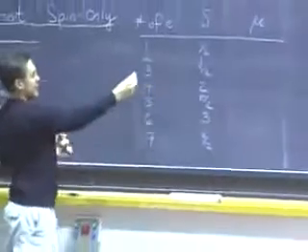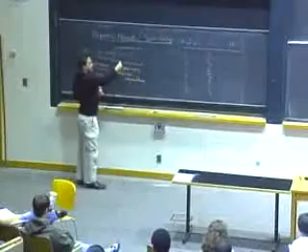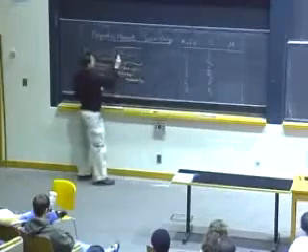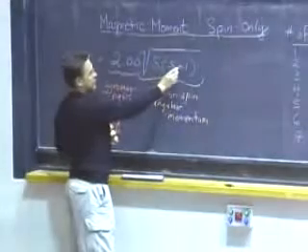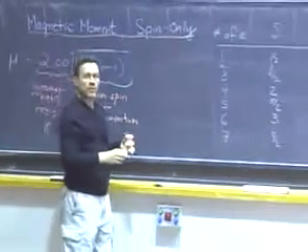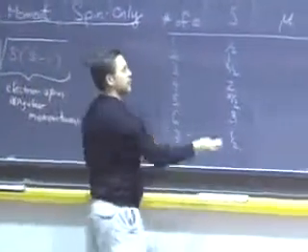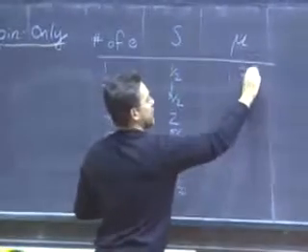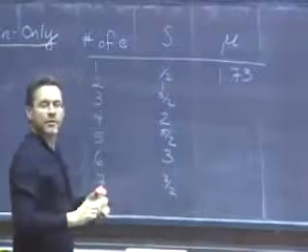And if you put this into this formula, you would see that for 1 unpaired electron, it would be 1/2 times 1/2 plus 1, square root, times 2. That would be square root of 3. So this would be a spin-only magnetic moment of 1.73. Okay?